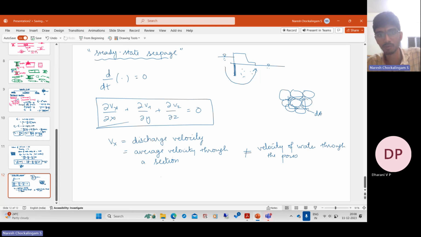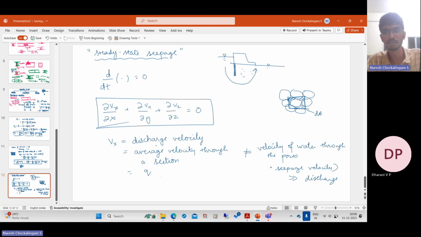The pores occupy a very small volume. And water is actually flowing only through the pores, not through the particles. Therefore, the actual velocity of water through the pores is called the seepage velocity. And that is much higher than the discharge velocity. What we are looking at is the discharge velocity, which is the average velocity of water through this entire area dA. And that is nothing but the Q, the flow rate.